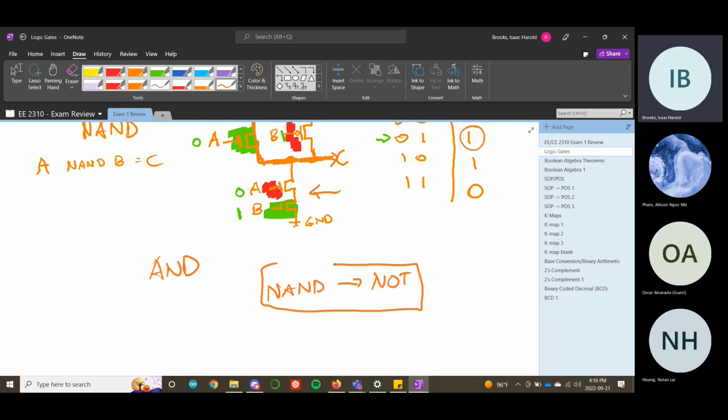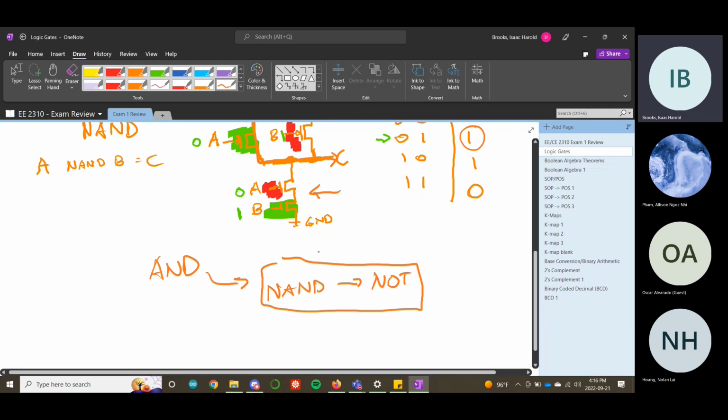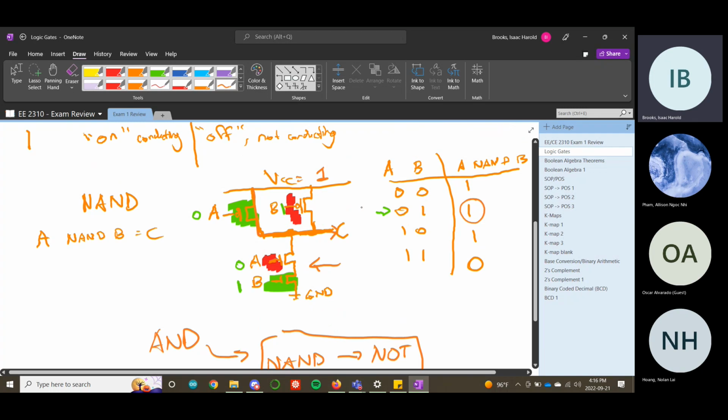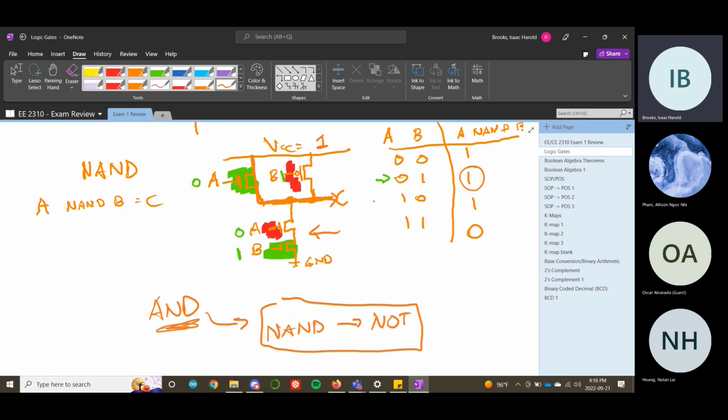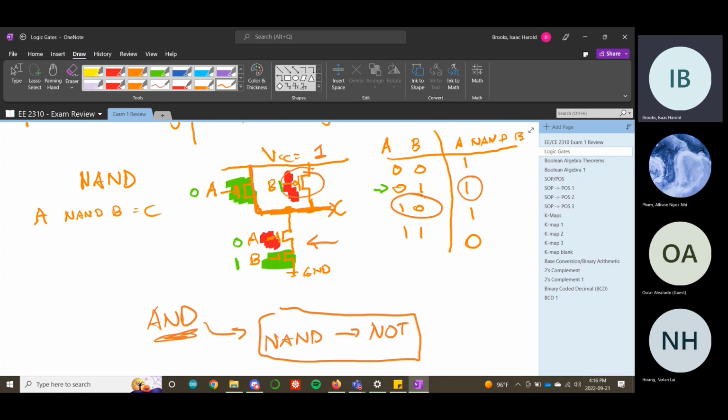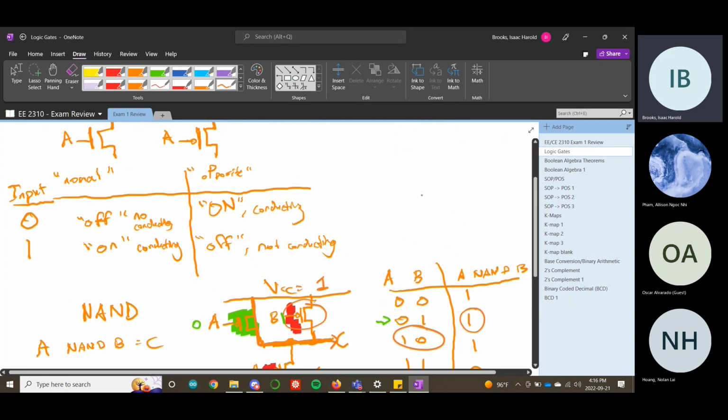So you could imagine that they would have more transistors here for the NOT gate if you were given the AND gate on the circuit. And then you just do the same thing. You'd have 2 more transistors to look at. And they might have this one highlighted and ask, is this transistor on for this case?